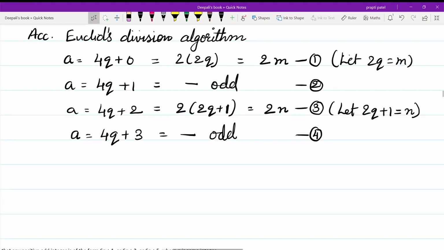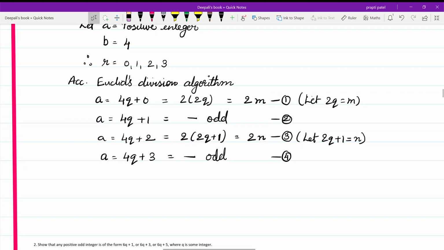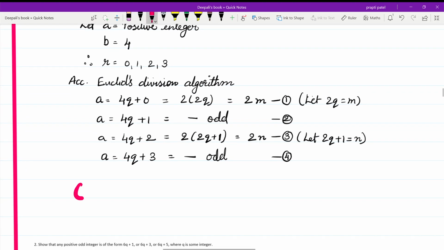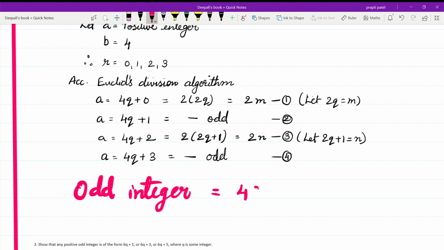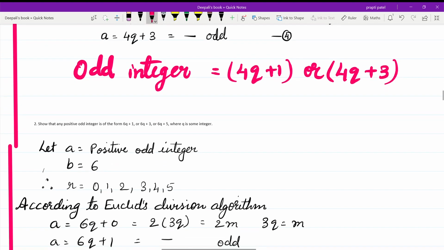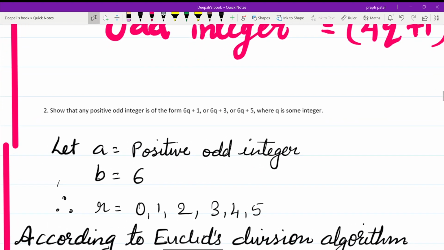So we can see that any odd integer can be of the form 4q plus 1 or 4q plus 3. You can check it using certain examples. We have one more example.